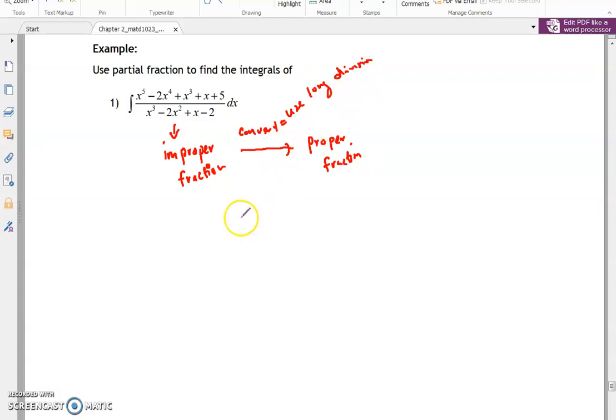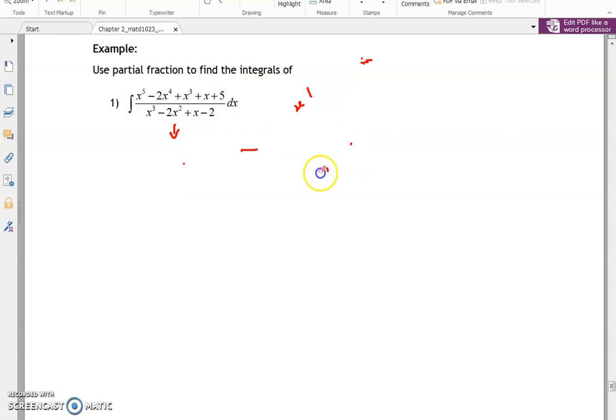Now I want to introduce how to deal with the long division. Let me erase this part. We are going to put it as a division, because the numerator is going to be divided by the denominator.